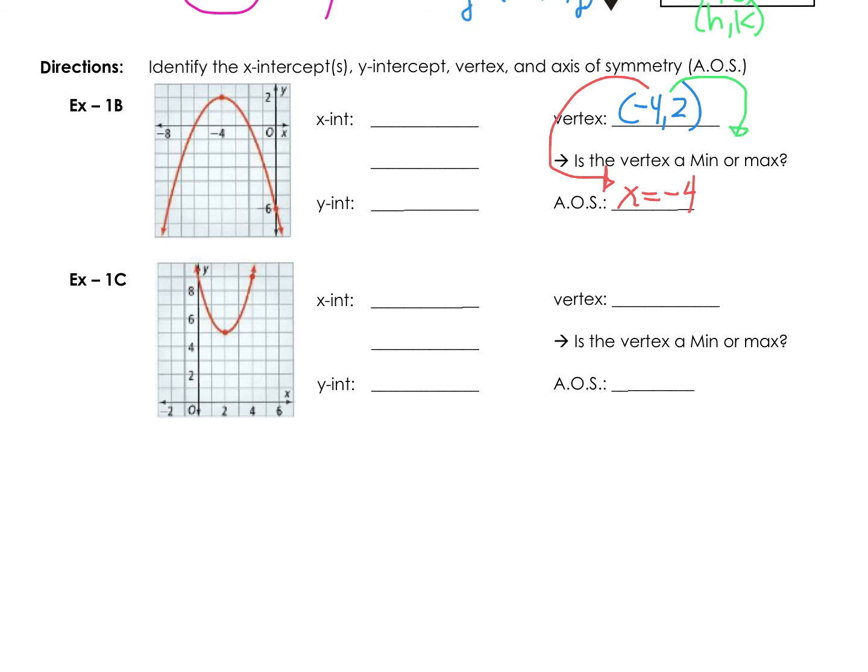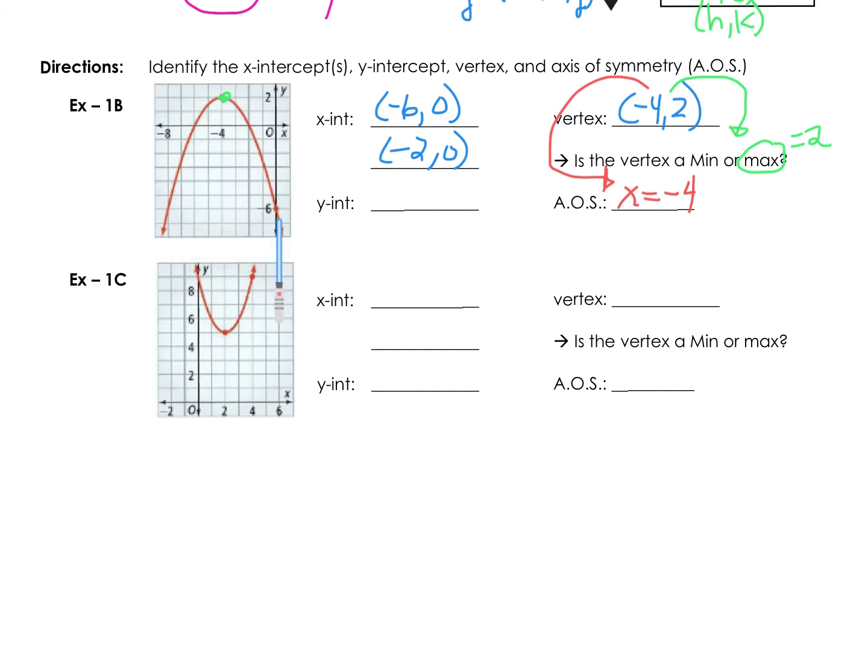And because this parabola opens down, that vertex is at the top, so that is our maximum, and it has a value of 2. Then our x-intercepts are these points right here, and so make sure you write their ordered pairs correctly. The first one is at -6, so the x value is -6, the y value is 0. And the second one is at -2, so the x value is -2, y value is 0.